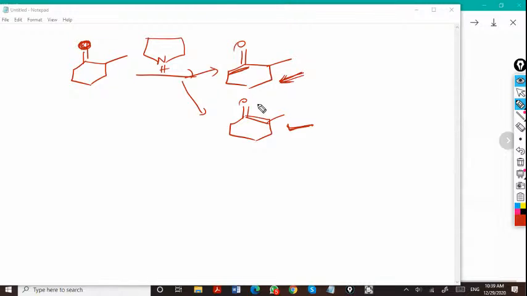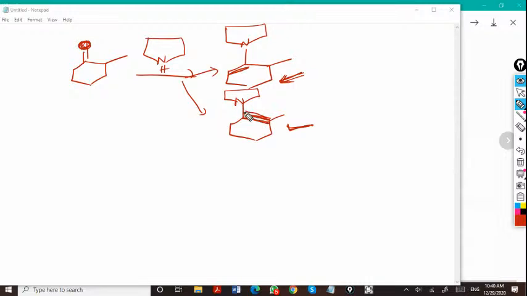The thing is, it will be more stable because when it forms the enamine with the carbonyl, it is going to be in a planar arrangement.